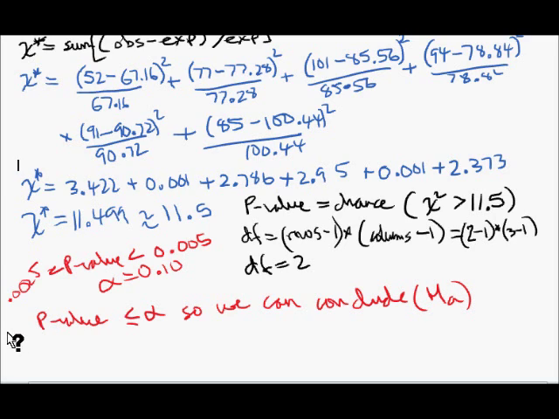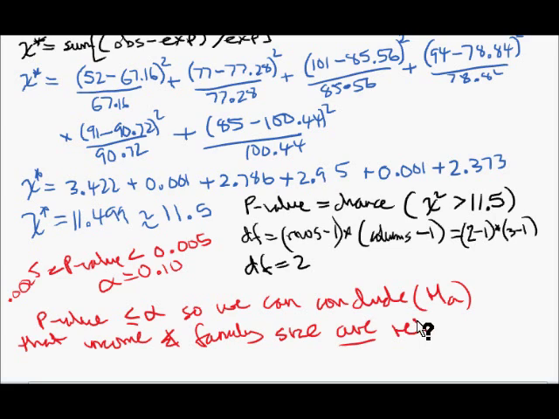HA is that the two variables are related. So you can conclude that income and family size are related. They have a relationship. So the last step is, if you say they are related, how are they related?